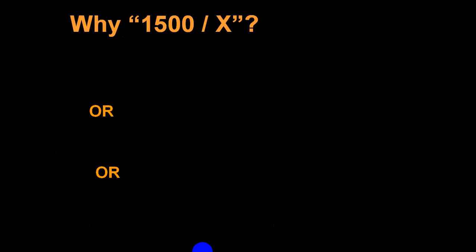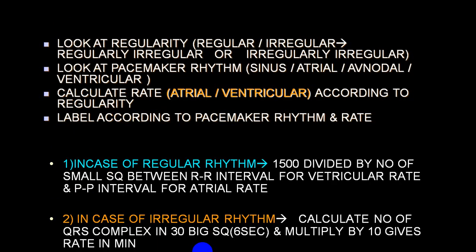Before calculating the rate, you must look at the regularity of the QRS complex and PP interval. If the PP interval is constant and regular, then the formula is different. If the RR interval is regular and constant, then also the formula is different.